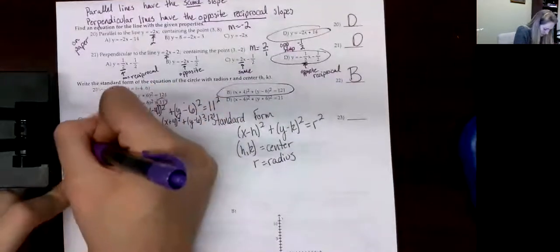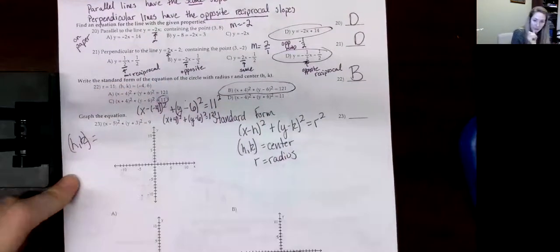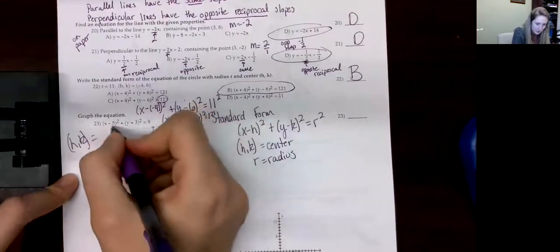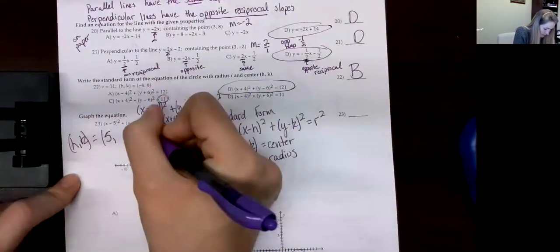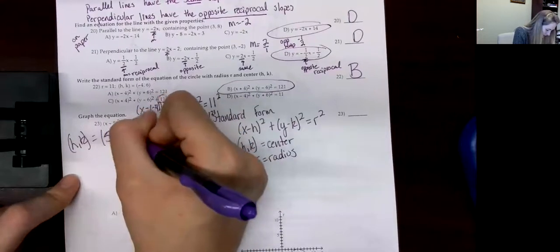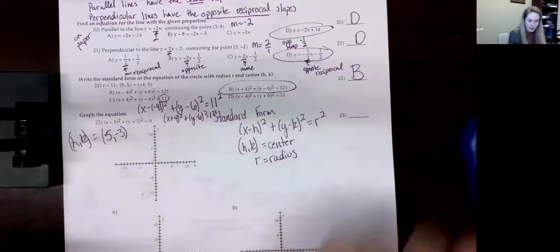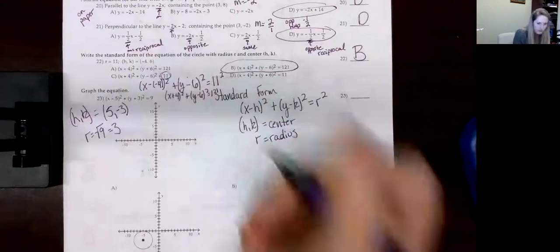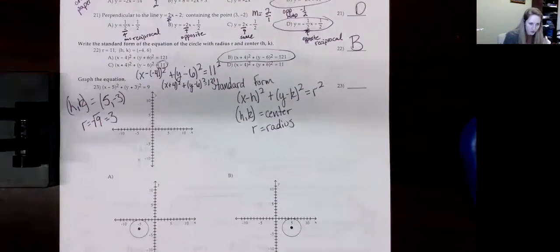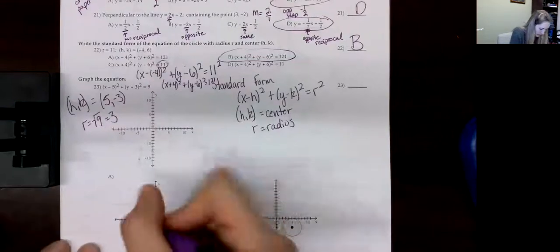But here, I need my center. Opposite. So since it's -5 or subtract 5, it's +5. Since it's +3, it's -3. Okay. And then my radius would be the square root of 9, which is 3. All right, so I'm looking for 5, -3.